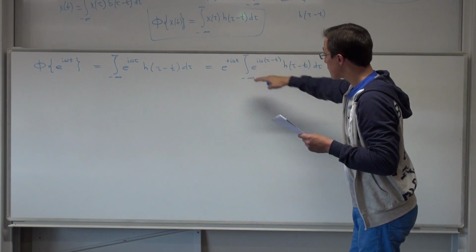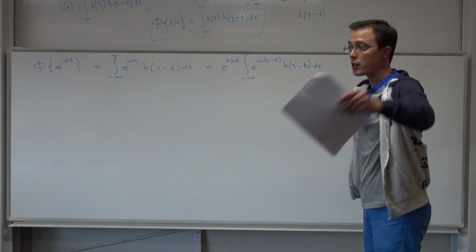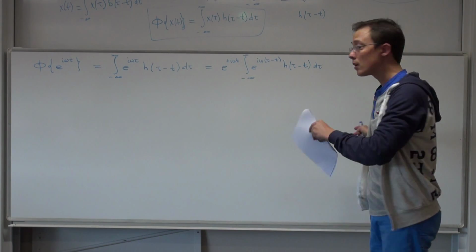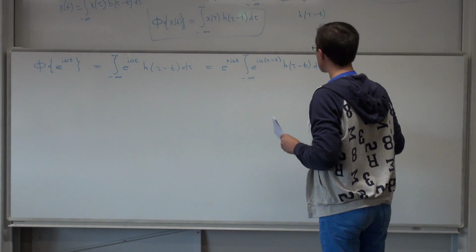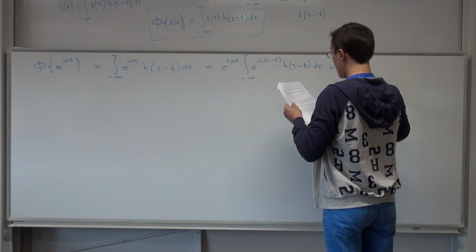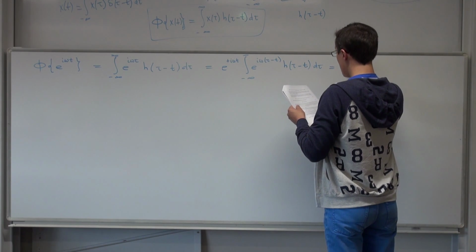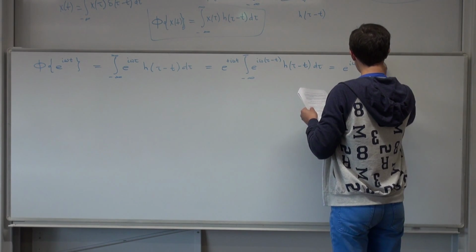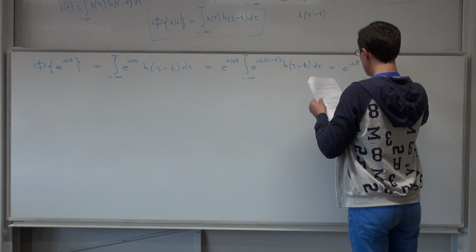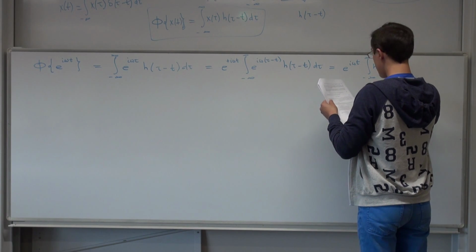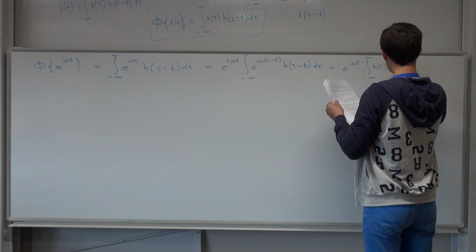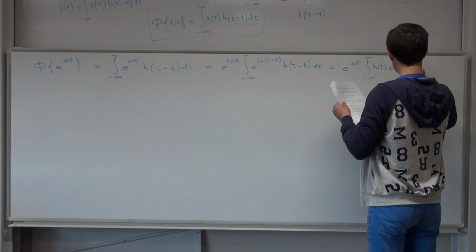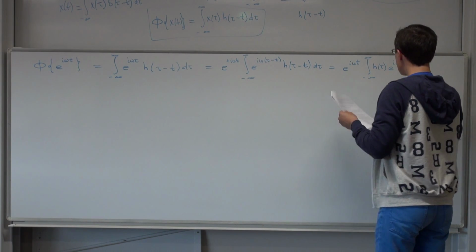Now, because the integration limits are infinite, we can shift it arbitrarily by a constant without affecting the value of the integral, and so that is e^(i omega t) times the integral from minus infinity to infinity of h of tau e^(i omega tau) d tau.